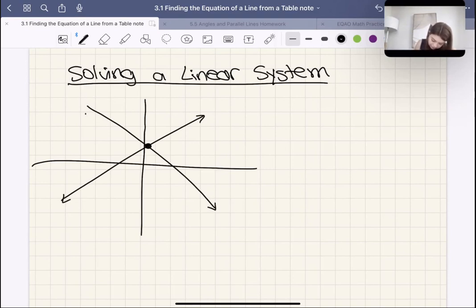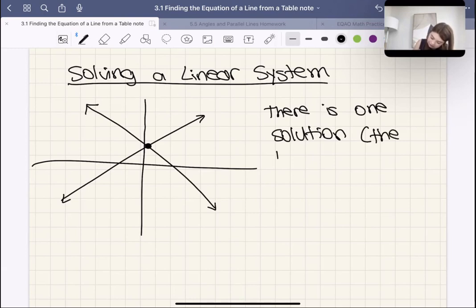is that they intersect at one point. So there is one solution, which means that the lines intersect at only one point.